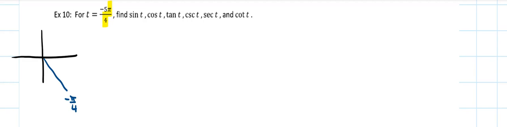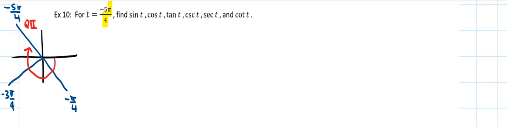And then I'll have myself negative 3 pi over 4. And then right here should be negative 5 pi over 4. So again, that's if we're reading from the x-axis clockwise. Now we just want to pay attention to where that angle is located, and that angle is located in quadrant 2.